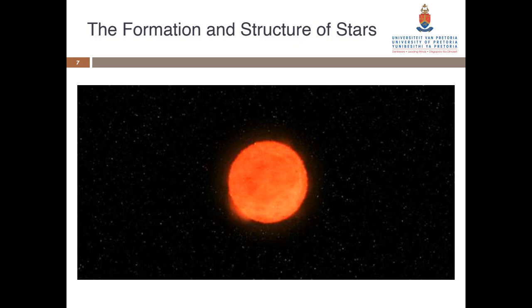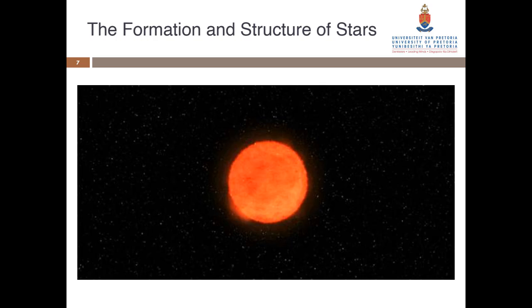The next question is incorporated into your question. Sir, can a star become a black hole? And if it can, how does that happen and how big must it be to become a black hole? So what we will learn is that high mass stars, at the end of their lifetime, instead of being a naked core, will blow off their outer layers. And depending on how much mass it has, it will either be a neutron star.